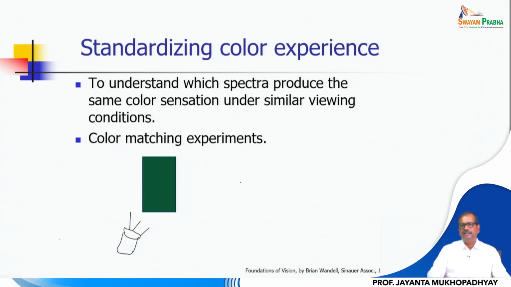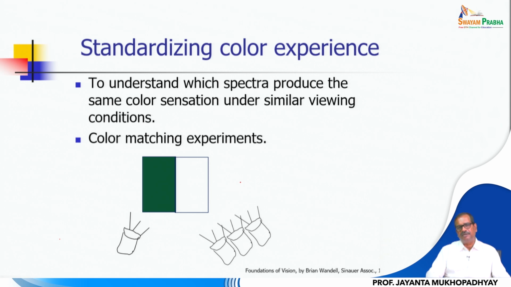So you can see that there is a monochrome source. It's like a greenish monochrome light source, a bit dark greenish, and you have say three primary sources, one for red, one for green, one for blue, or any other primary sources could be there.